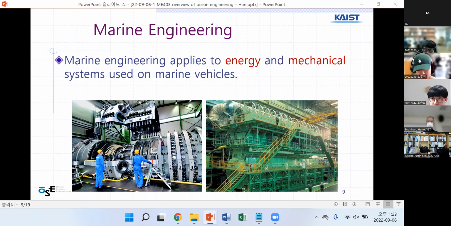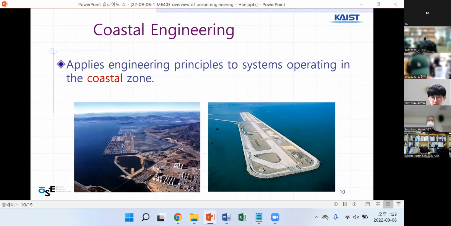Okay. Coastal engineering. So I told you onshore and offshore, so near the coast or near the water area. Coastal engineering applies engineering principles to systems operating in the coastal zone. So this one looks like Busan port.